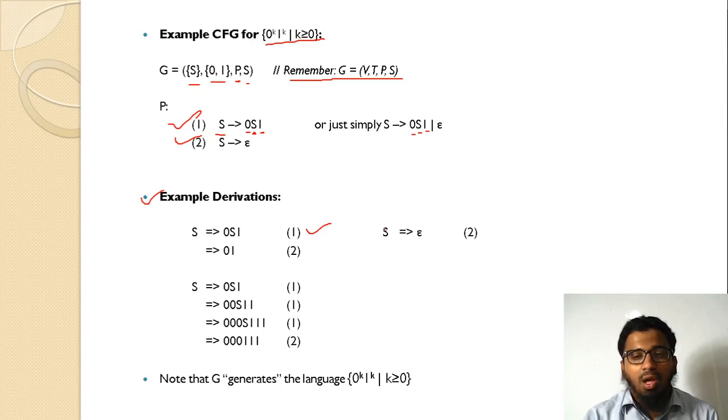If S is epsilon, then there is no use of S, so you will get 01. The other one is, if we have 0S1 in equation 1, we can add a 0 on the left-hand side and a 1 on the right-hand side, equal number of symbols on both sides.